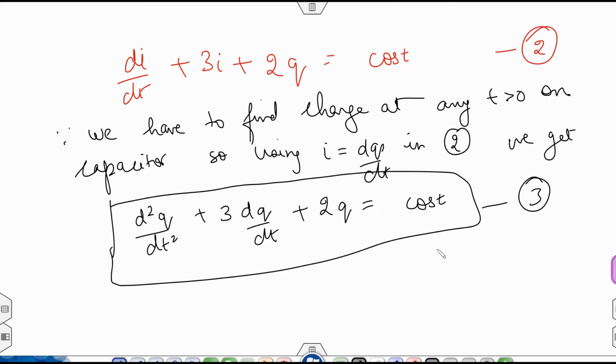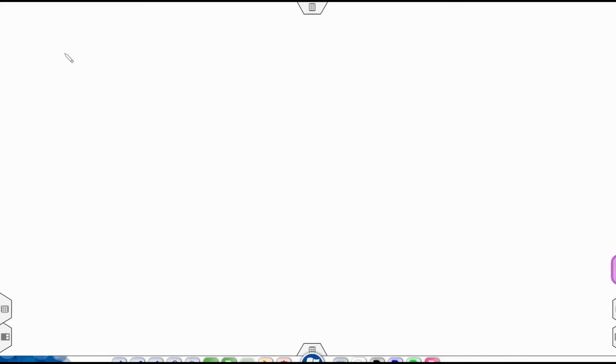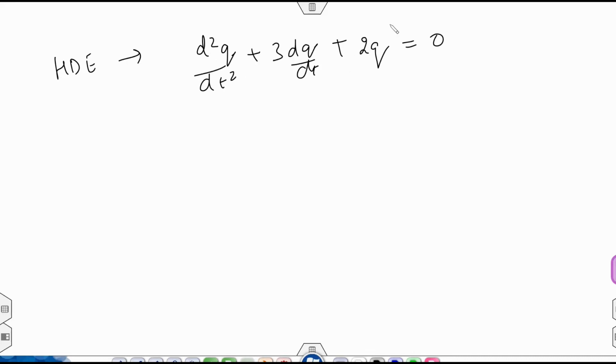Now you can easily see that this is a non-homogeneous second order differential equation in q. For solving this, you first have to find the general solution of the homogeneous differential equation. The homogeneous equation is obtained by just putting the right side equal to 0.